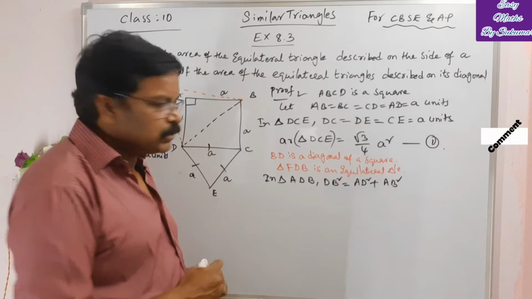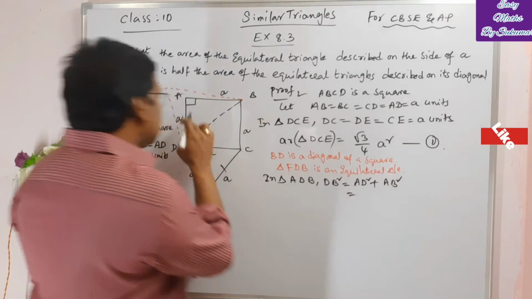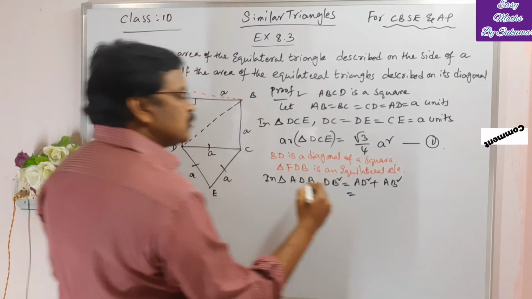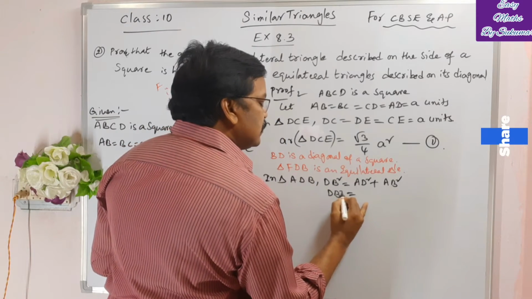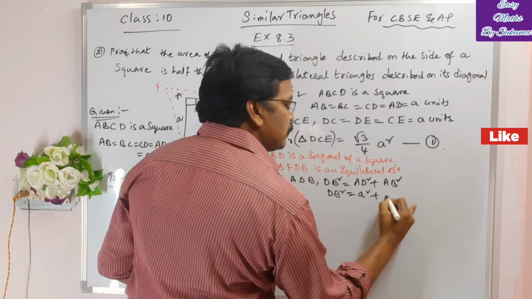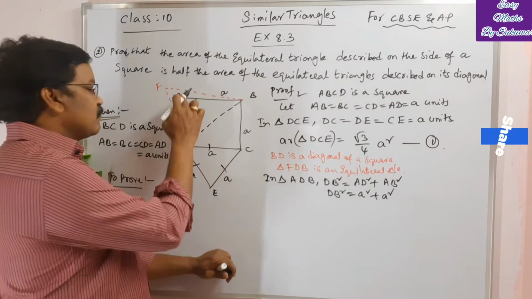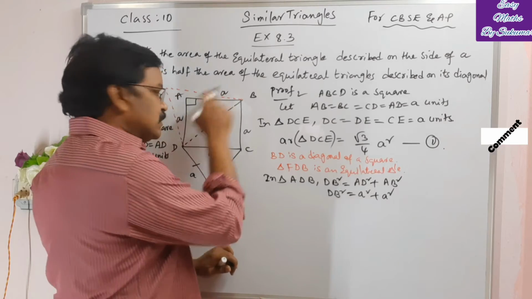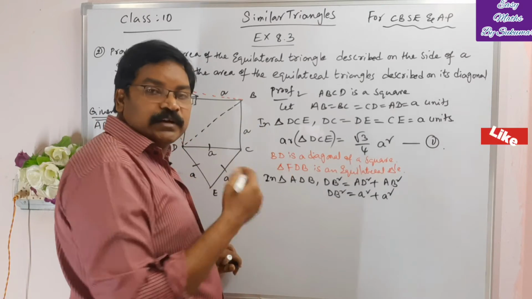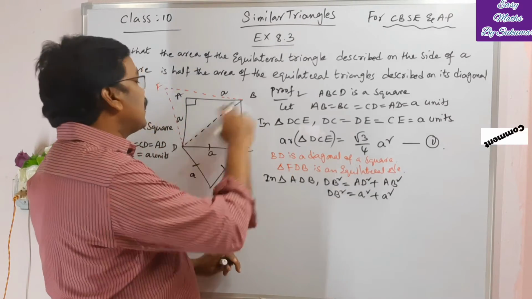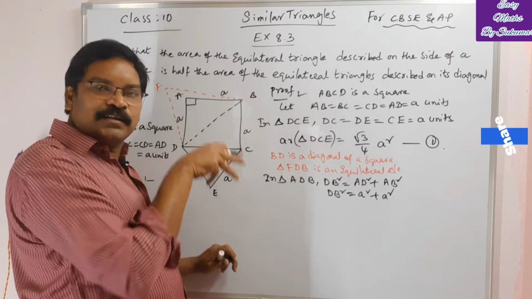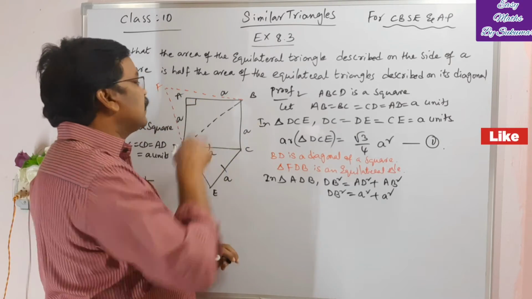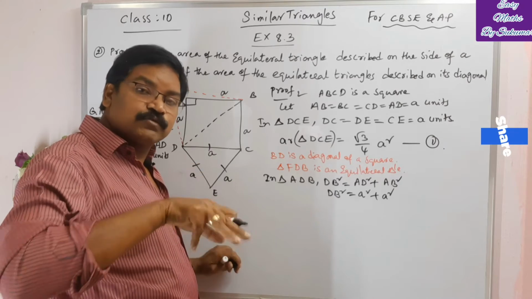Now here AD is equal to small a, AB is also small a. That means DB square is equal to a square plus a square. Of course, this ADB is an isosceles triangle, since these two sides are equal. We are going to find the hypotenuse of the isosceles triangle, or the diagonal of square ABCD.